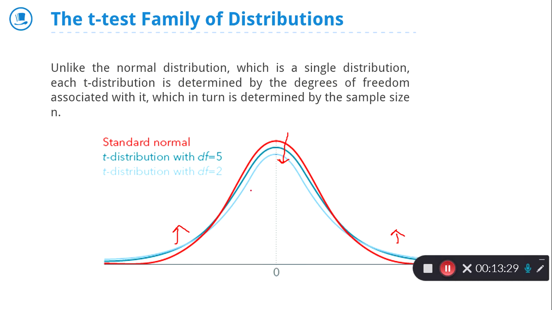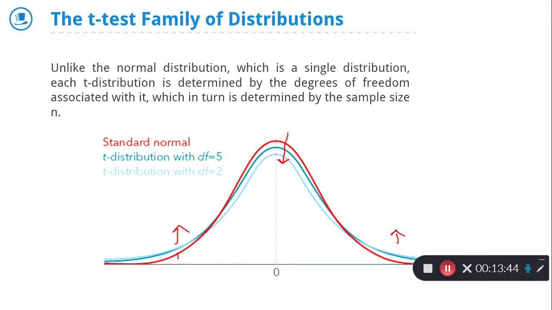So the red curve, say, is a standard normal curve. Dark blue is degrees of freedom of 5. Light blue is degrees of freedom of 2. See, df 2 is a little shorter. But look what that does out here.